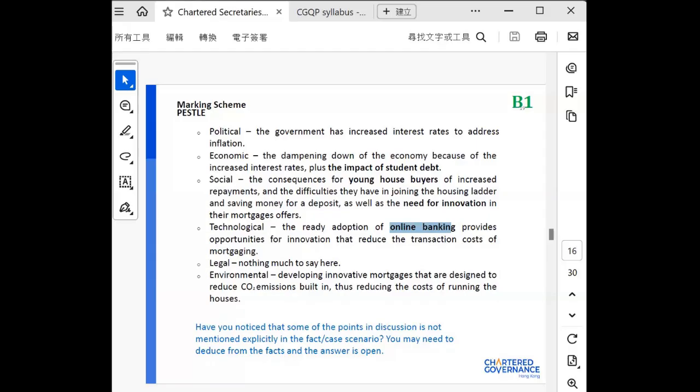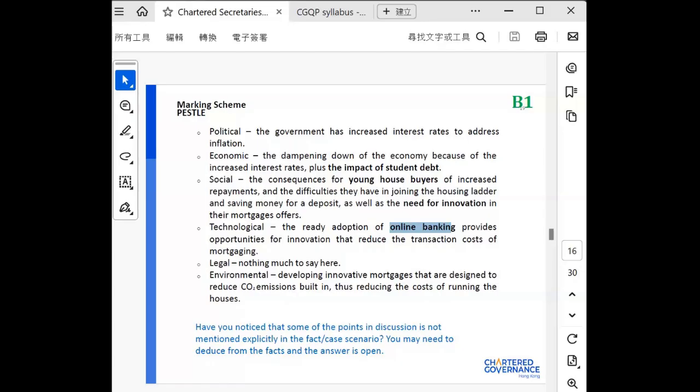So online banking is not specifically mentioned in the case, but you can deduce it because the company wants to revamp the strategy and wants innovations. That would suggest there's some potential use of digital tools, and online banking is a common channel for mortgage applications and servicing, especially for the younger generations, who like to use online things.